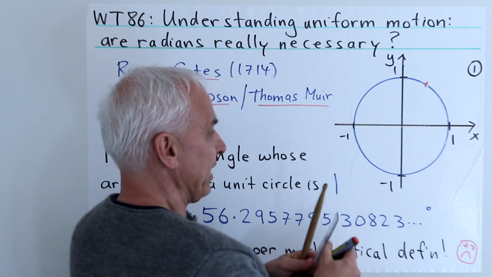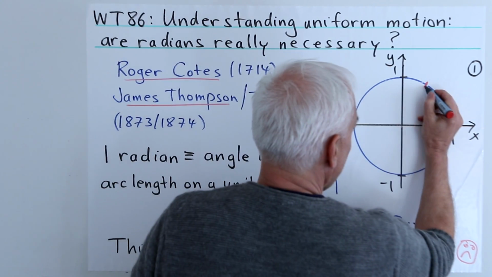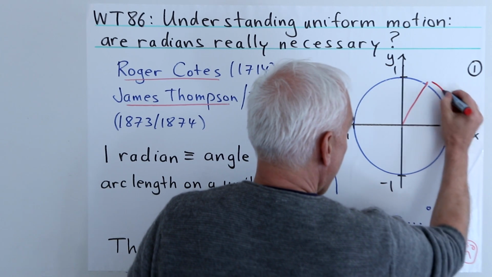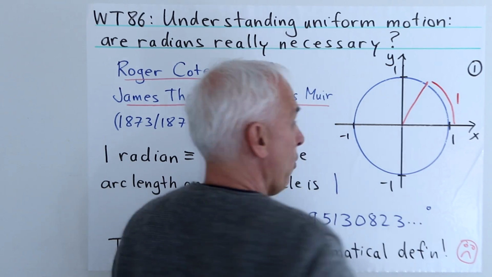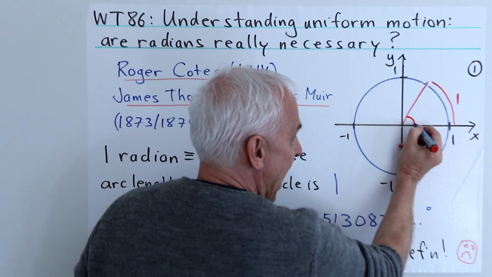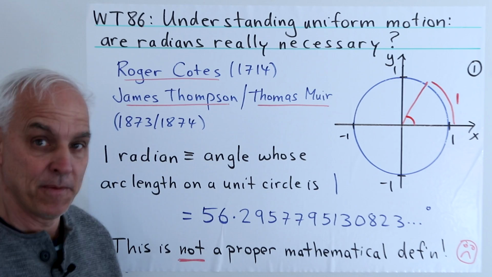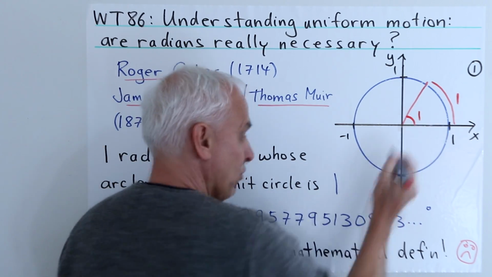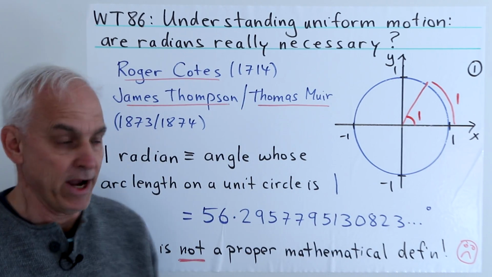Nevertheless, approximately at least, we can say that this length here is approximately 1. And so this is a unit circle, so this angle here in the radian system ends up being a value of 1 radian.